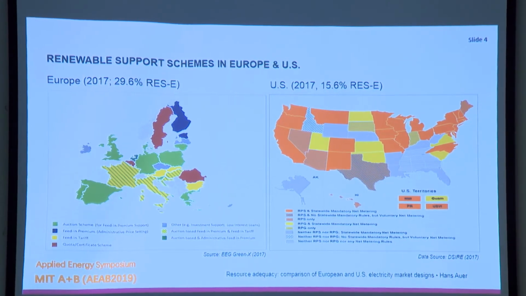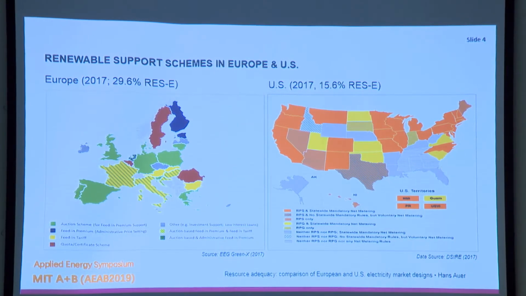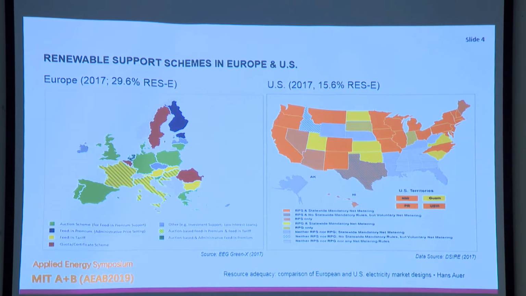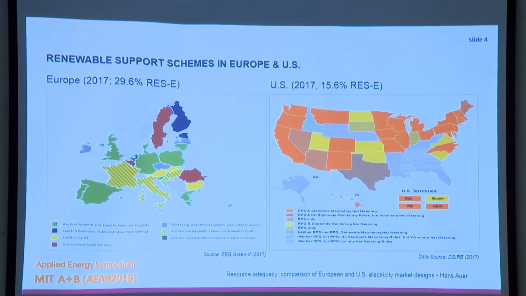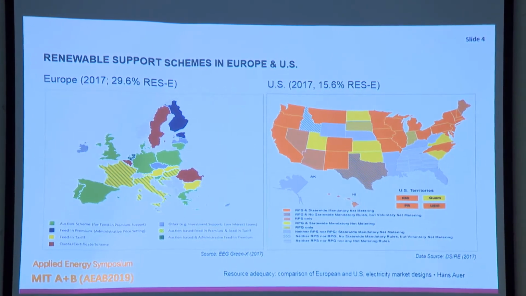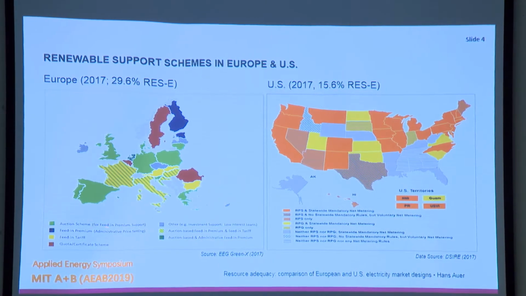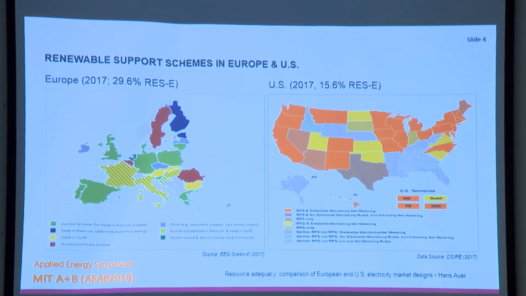We had in a few countries quota-based certificate schemes, but now we switched in the last couple of years mainly to auction-based systems. Those who win the auction mainly are rewarded in many of these countries with either a feed-in tariff, but increasingly with a premium tariff.